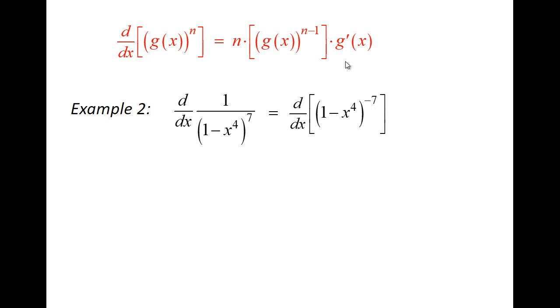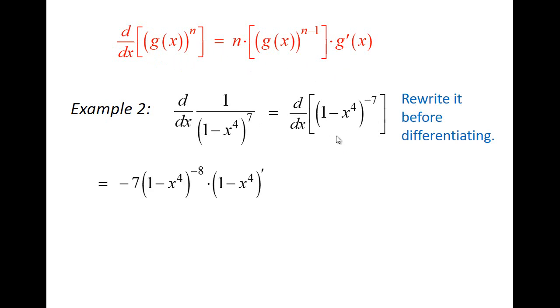So by this general power rule, basically you would wish that 1 minus x to the 4 is just x, in which case we just have x to the negative 7. So the derivative will be negative 7 x to the negative 7 minus 1, which is negative 8.